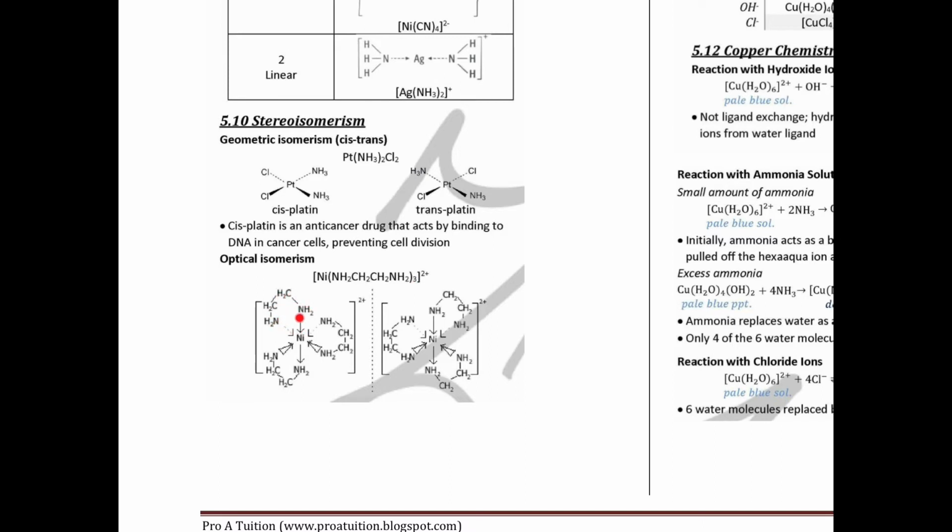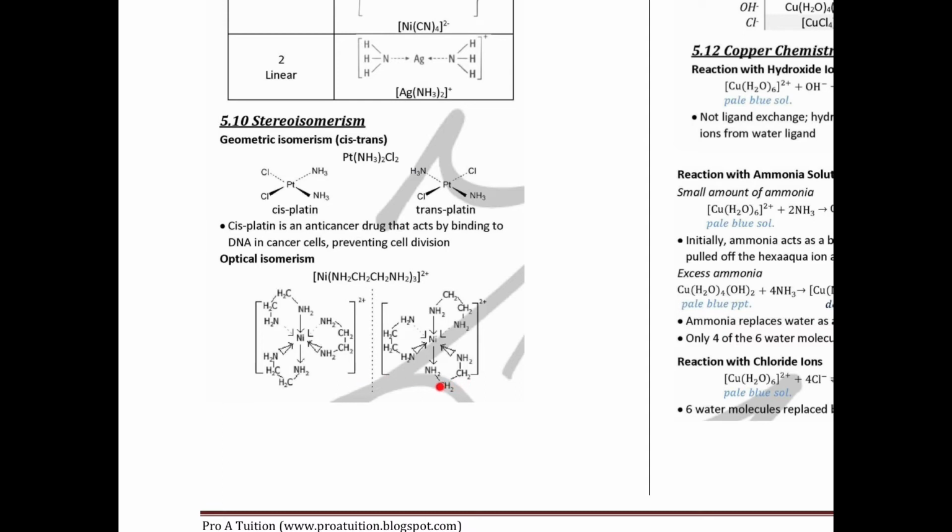They form two dative bonds here. The second bidentate is here. They form two dative bonds. And the third bidentate is here. They form two dative bonds. This arrow should go up. It's an error over there. So this is one of the optical isomers, and this is the other one.